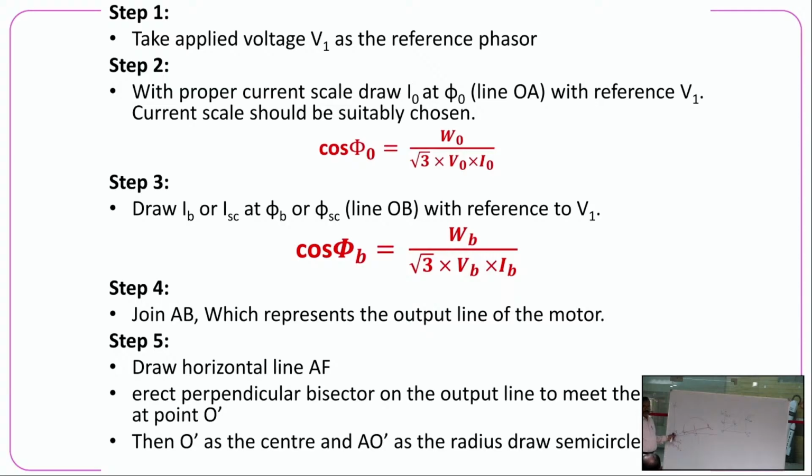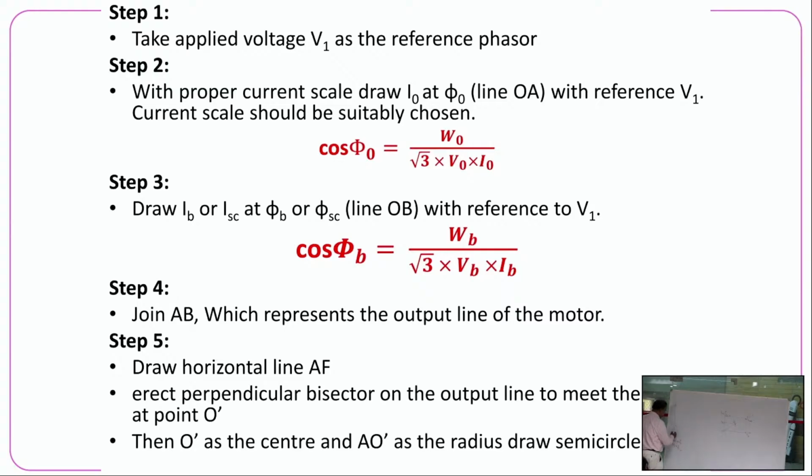The no load power factor is small, so angle phi 0 will be larger. If you take the actual data, you will not have this problem. So I am redrawing it.